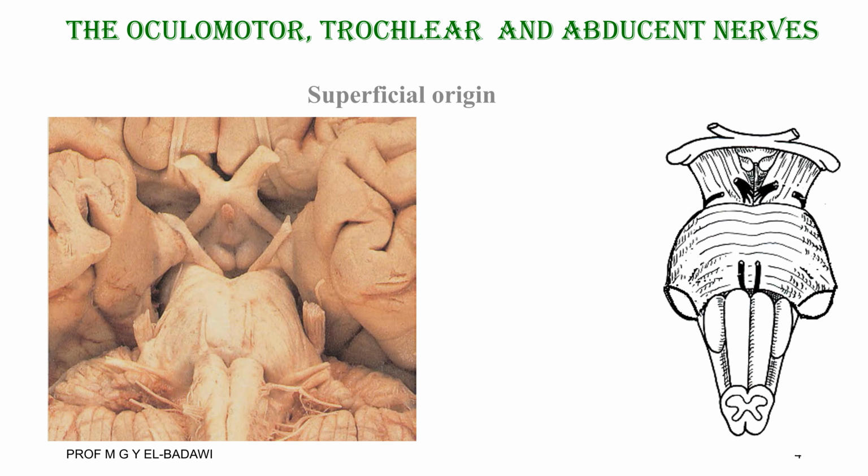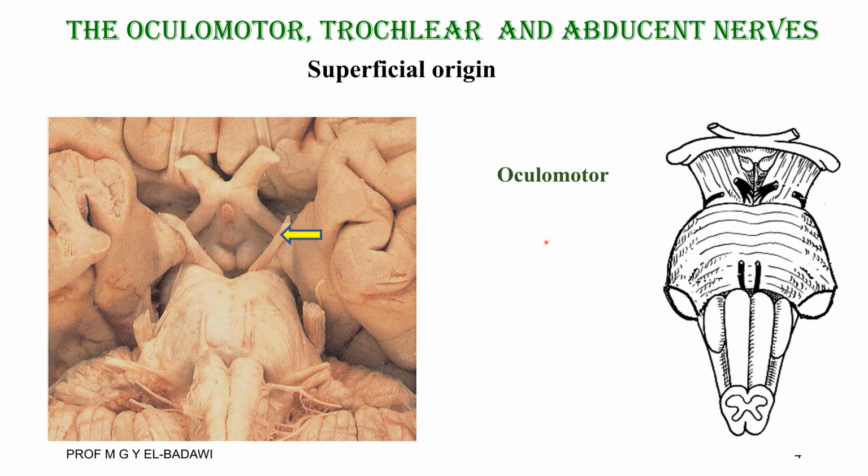Now, for the superficial origin, here, the oculomotor is from the interpeduncular fossa of the midbrain, just above the cerebral peduncle, from this side and that side here.